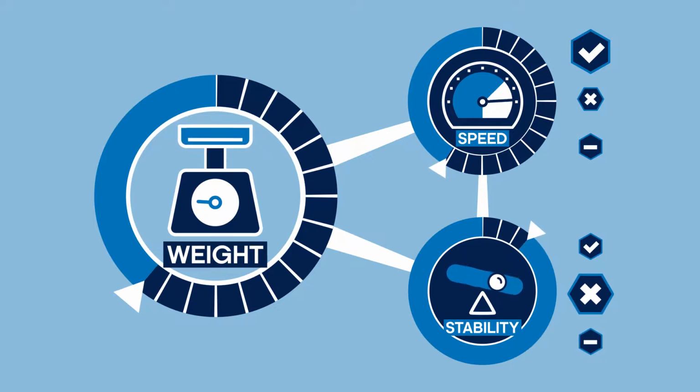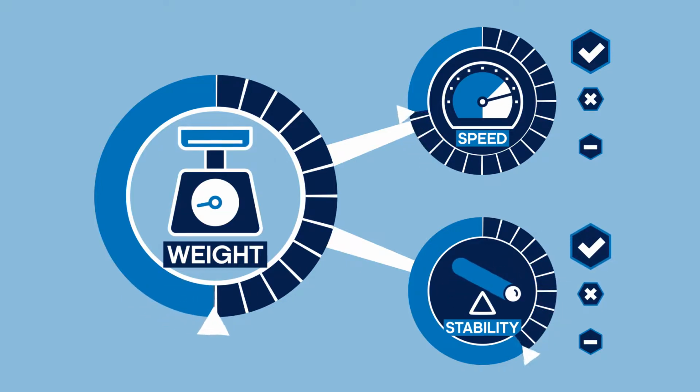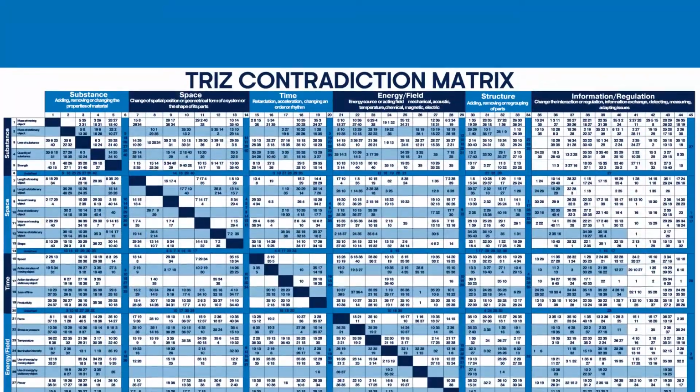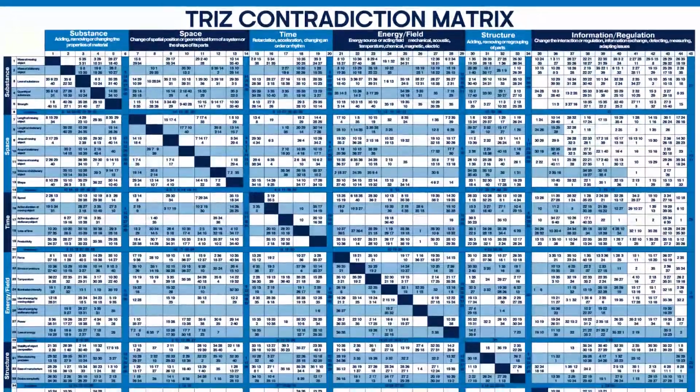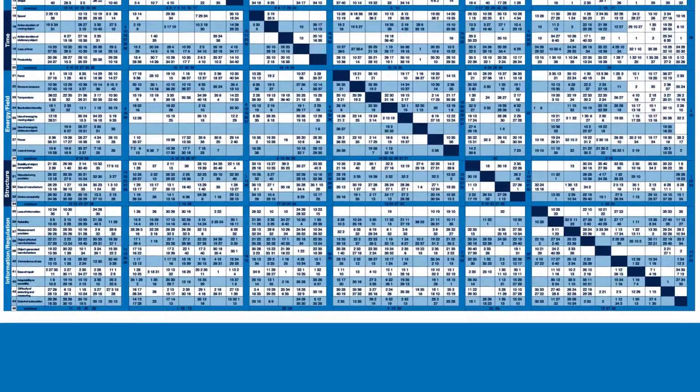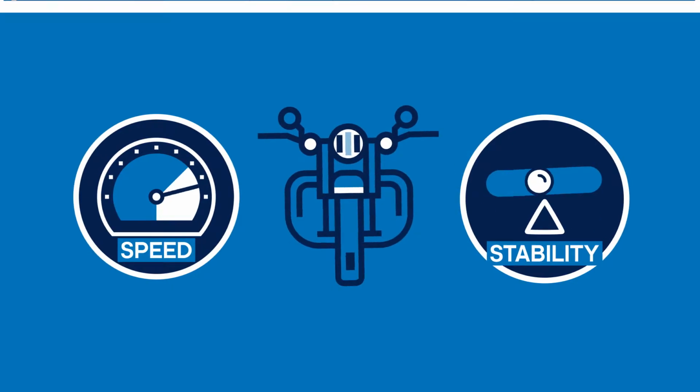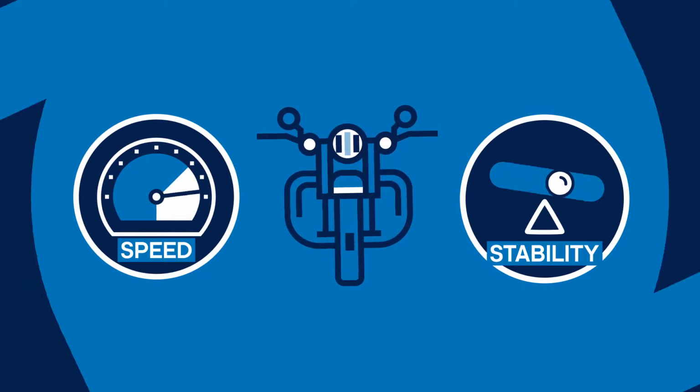The approach of TRIZ seeks to break the contradiction or link between characteristics that are affected in different ways by improving a single parameter. TRIZ uses a tool called the contradiction matrix to break the contradiction or link between two confounding characteristics, for example, speed and stability in the case of the motorcycle.